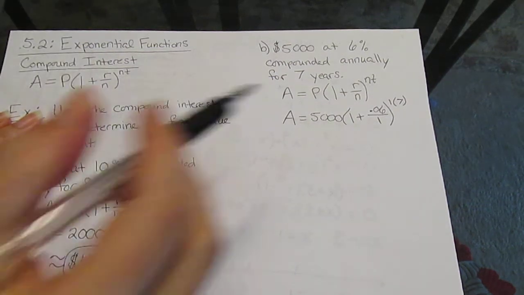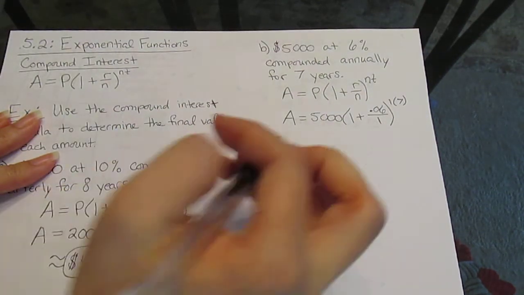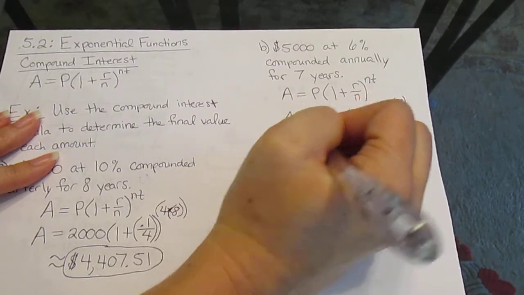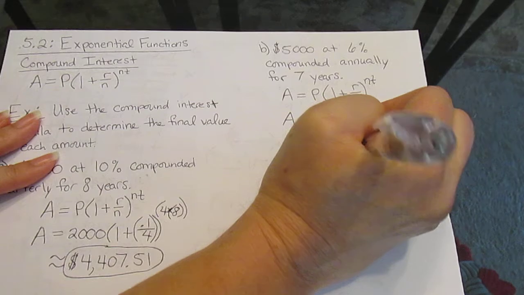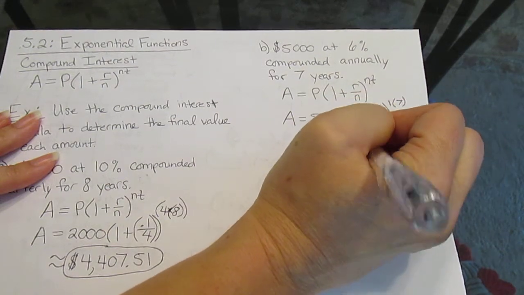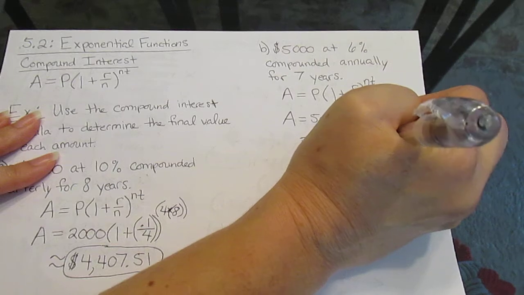Okay, well obviously with the ones in here, this one's easier to simplify. So I'm going to go ahead and simplify it this time before I put it in the calculator. So we've got 5,000 times 1.06, all of that to the 7th power.